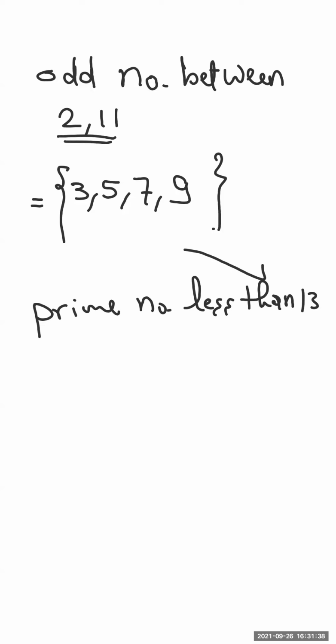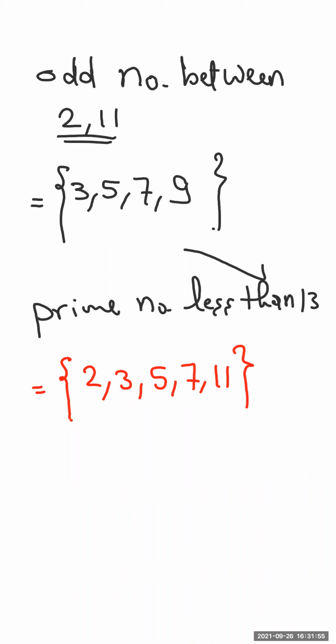So the prime numbers which are less than 13 equal the set of 2, then 3, then 5, 7, 11. That's it. So write down the elements between the two braces, and place a comma between every two elements. Any questions till this point? No. Okay, great. There are some important points, guys, so concentrate with me well.